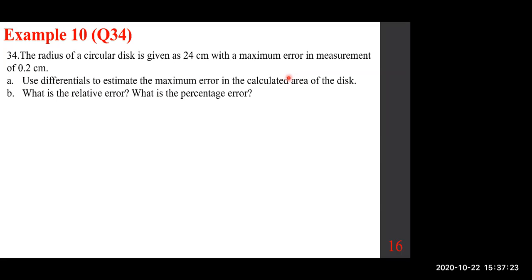Part A, we have seen it, class. In short, we want dA. There's nothing brand new here. Basically the radius is 24, and delta R is 0.2. The relationship between A and R is A equals pi R squared, and we want dA.